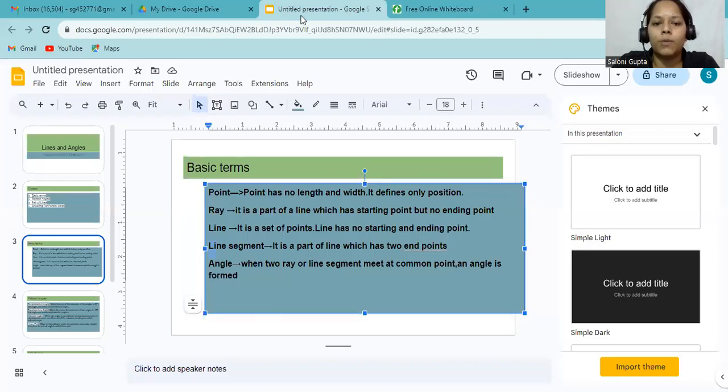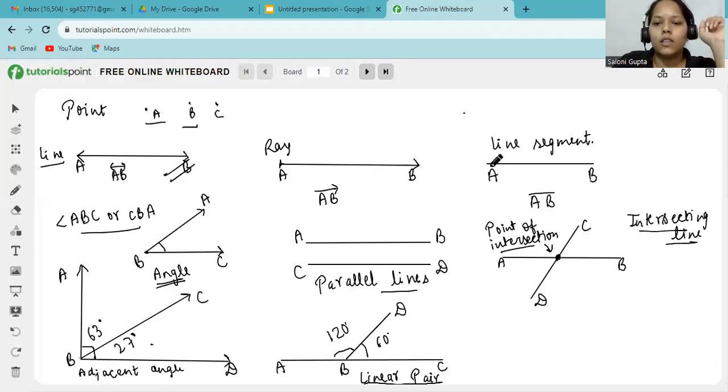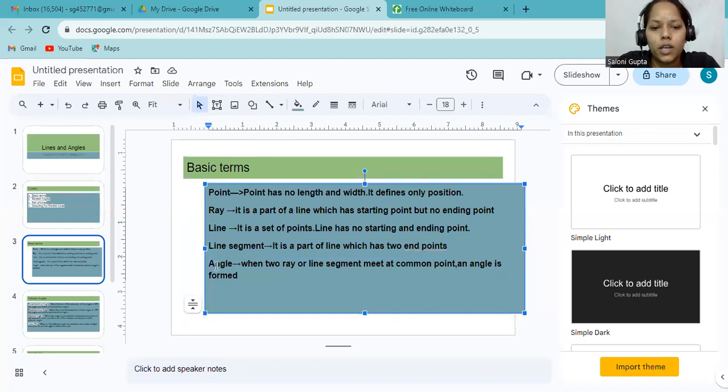Now, what is a line segment? A line segment is a part of a line which has two endpoints. You can see in this, it has the starting point and the ending point. So these we discussed. Then we will learn about angle. What is an angle? When two rays or line segments meet at a common point, an angle is formed.